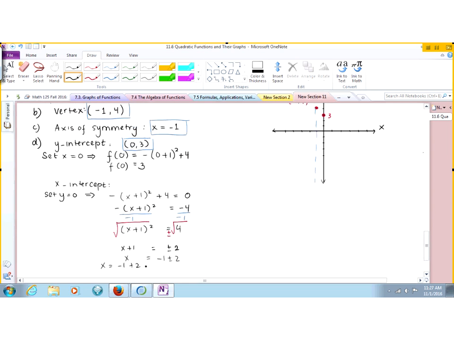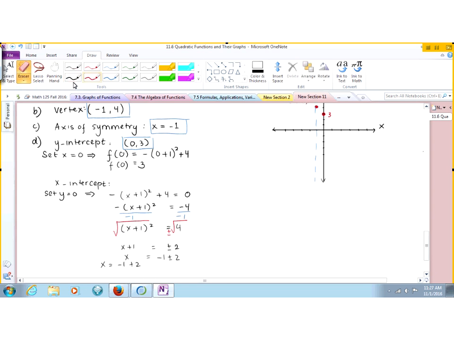So negative 1 plus 2 is 1. Yes. What's the other one? Negative 1 minus 2, which is negative 3. So do we know what the x-intercepts are? (1, 0) and (negative 3, 0).